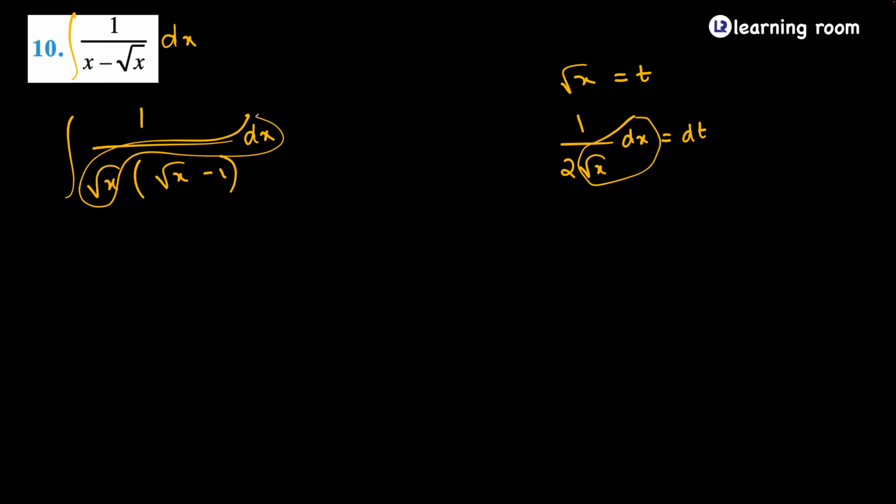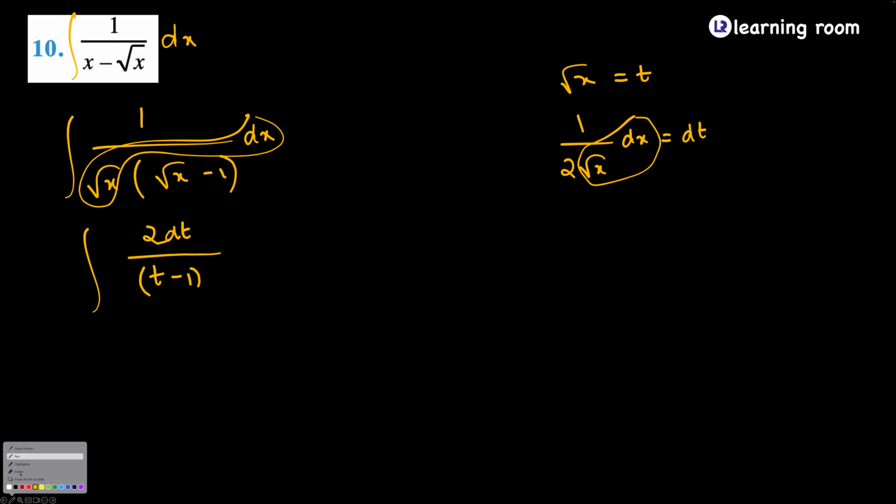So what will happen to this integral of dx by root x? Since I took root x equal to t, 1 by 2 root x into dx is equal to dt. So dx by root x will be 2 times dt, the whole divided by t minus 1. I would like to make a small change here.